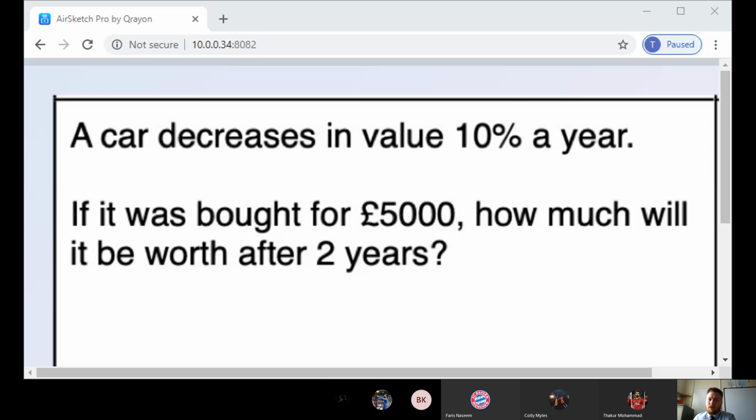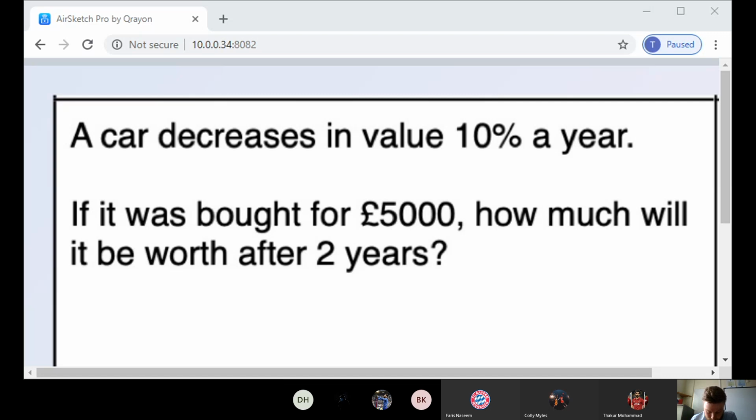A car decreases in value 10% a year. If it was bought for £5,000, how much will it be worth after 2 years? That should be a fairly simple calculation, but we have to be careful that we're looking at compound interest and not simple interest here.